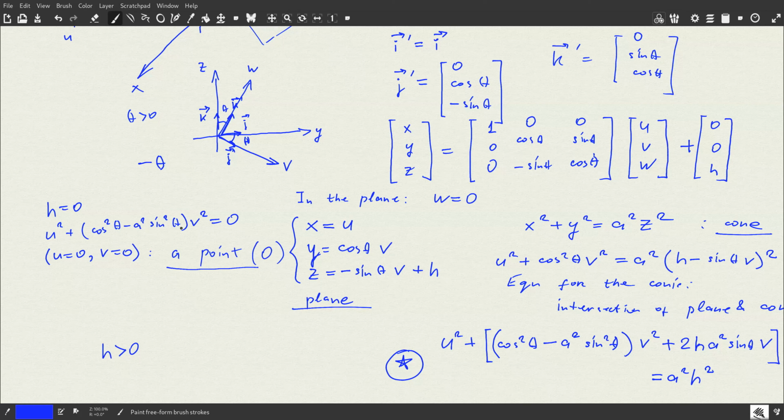Consider these brackets: cosine squared theta minus a squared sine squared theta. What if this is 0? Cosine squared theta minus a squared sine squared theta equals 0.